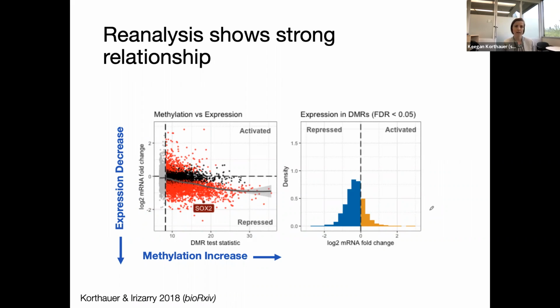This is a figure that's analogous to the main figure in the Ford et al. study, where, if we think that this change is causal, then we should see a lot more points in the lower region of this plot, especially as you increase the methylation level statistic. And I'm highlighting this gene here, the SOX2 gene, as this was one of the main targets of the assay that they performed. So we expect a really strong signal in that gene in particular.